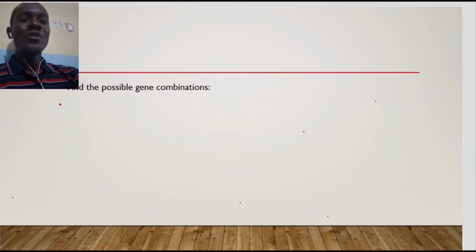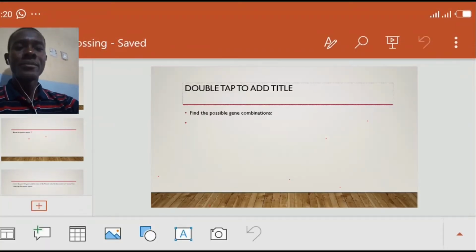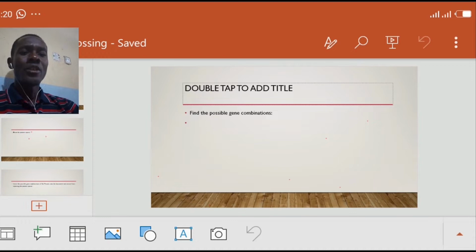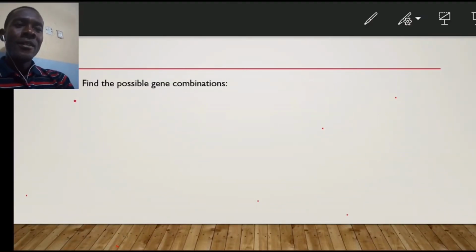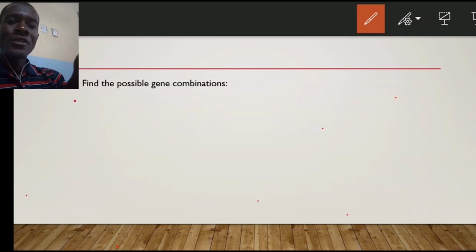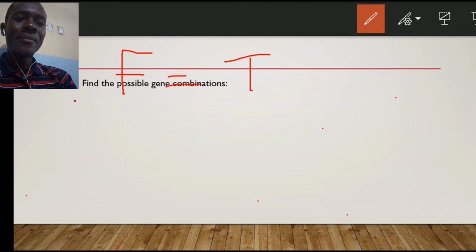I'm going to show you how to do your finding of the possible gene combinations as you watch on your screen. The first thing you do is to write out the genotype of the parent's generation as I've written them.